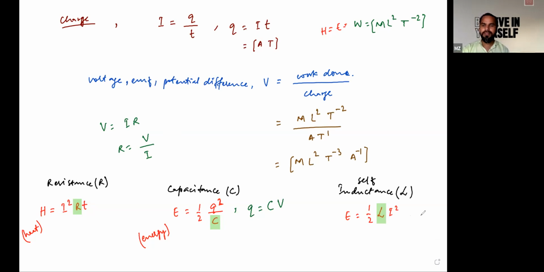Kezia, in doubt while solving? Aisha? Send me your answer.